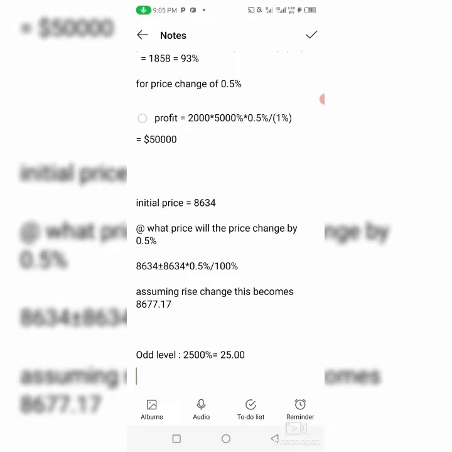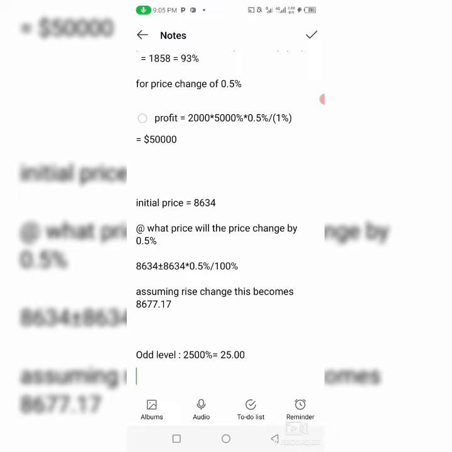If the change is a rise, then you have to use the positive sign, you have to use plus. If it is a fall, you have to use negative.